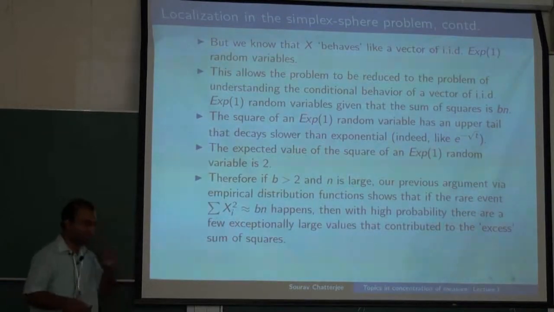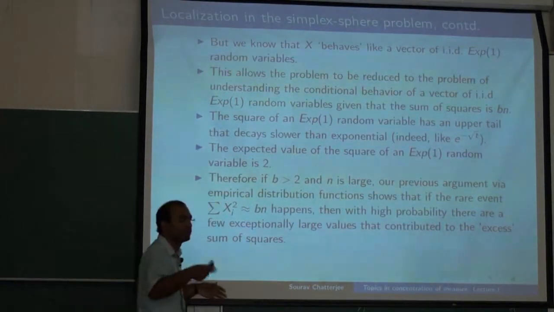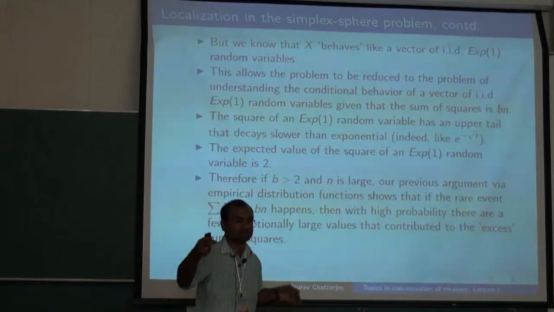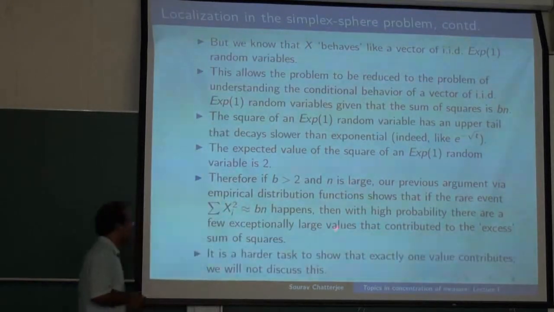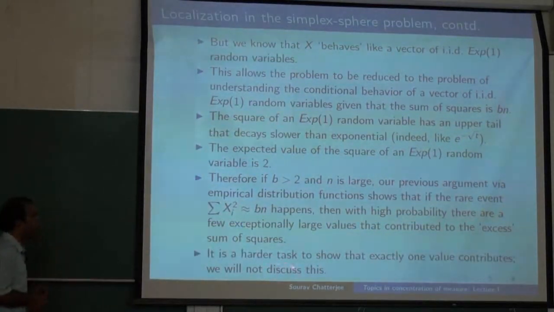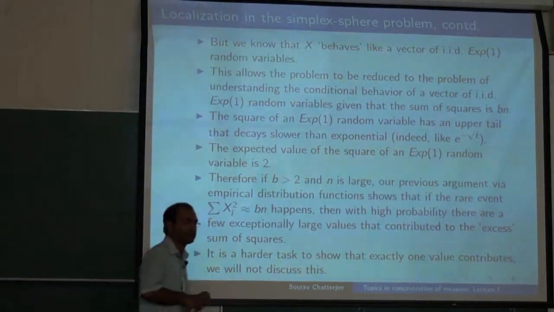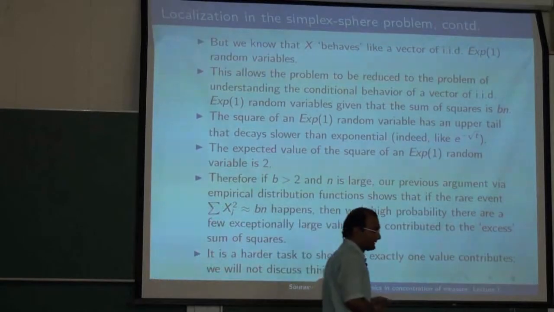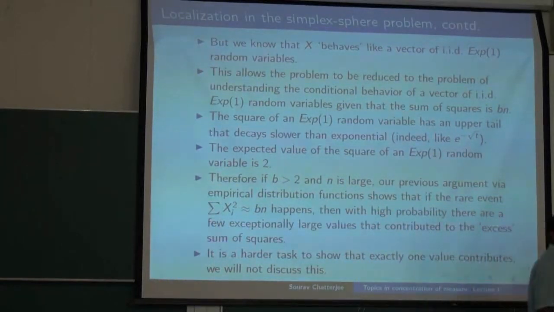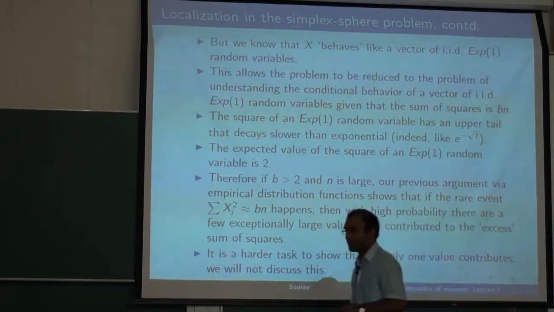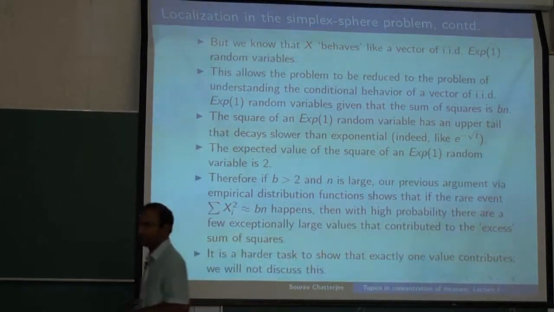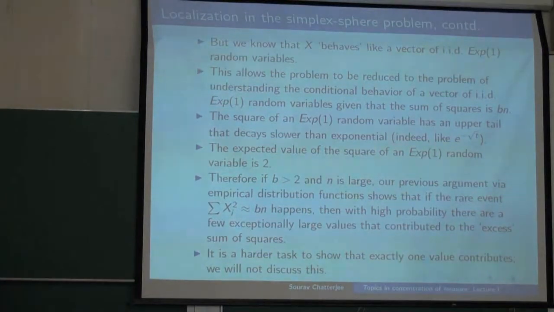By this previous argument, it must be due to a very small collection of large values. It's quite a bit harder to show that there is exactly one value that contributes, but we'll skip that. So this is a simple example of how you can prove localization under multiple conserved quantities.